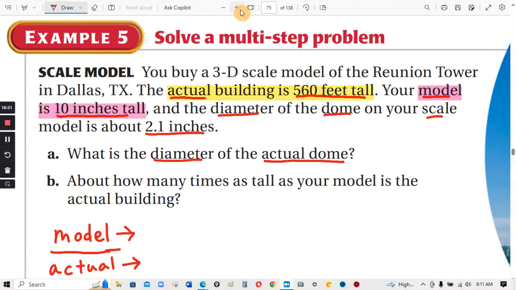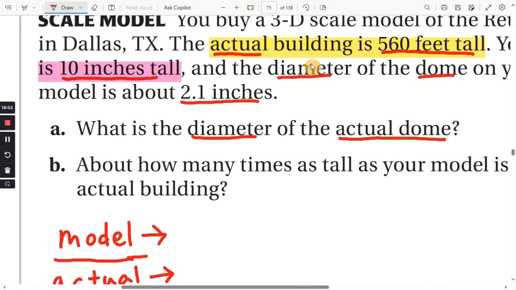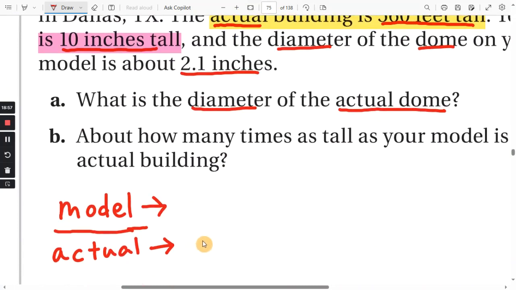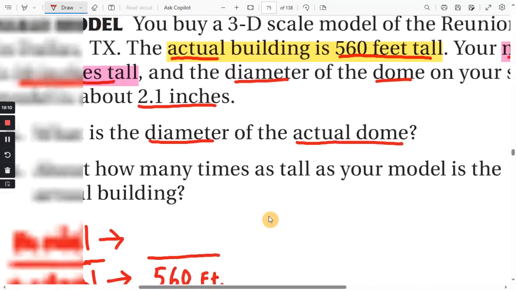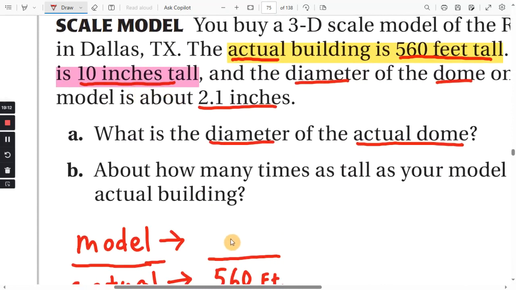All right, so I highlighted it in different colors. The actual building is 560 feet. So in the denominator, I'm going to put 560 feet. And then in the numerator, it says your model is 10 inches tall. So I'm going to put 10 inches in the numerator.